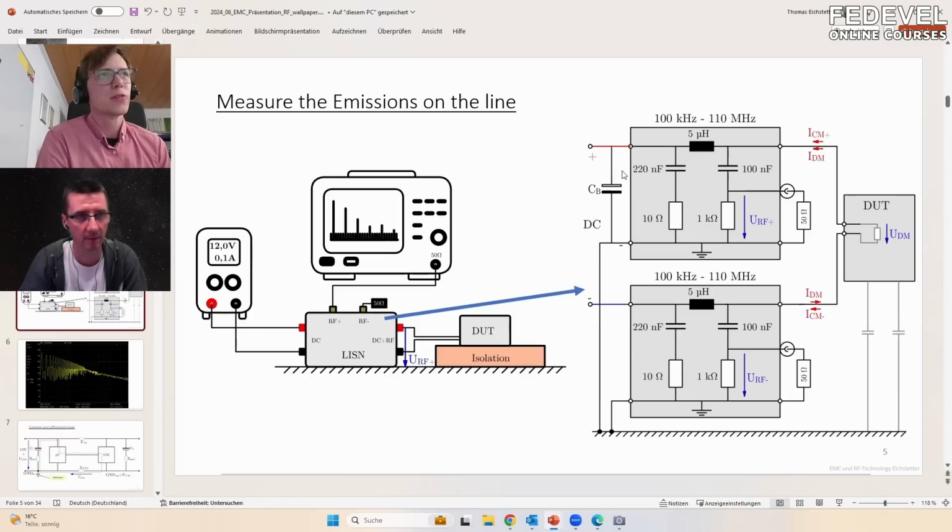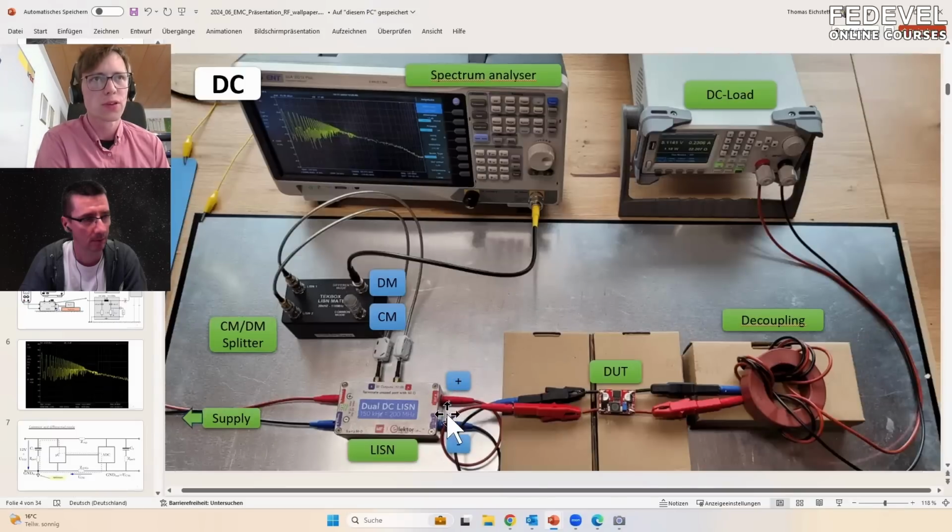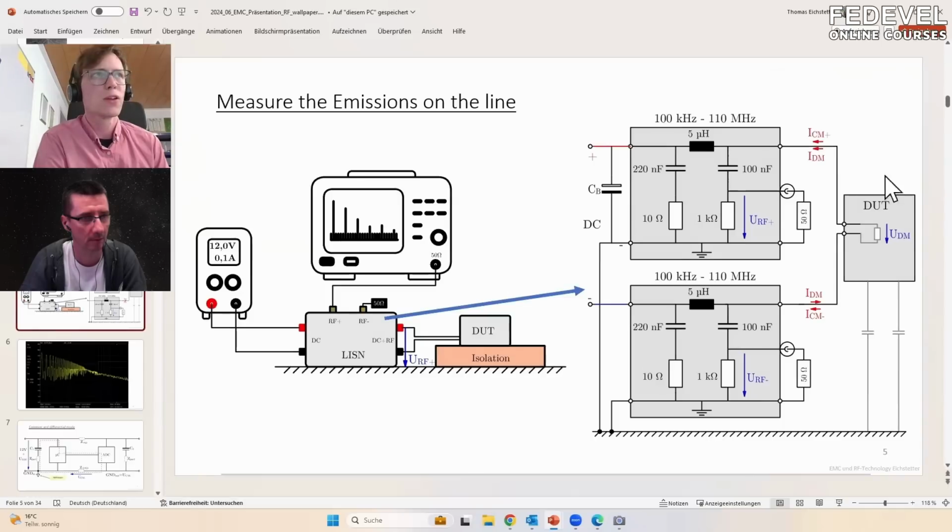Yeah, and here we have this 220 nanofarad, which should represent a short. So all the voltage which is here on the input, by input I mean one of these colorful inputs, when you have RF there, it will drop over the inductor, and then it goes out here to this measurement port.